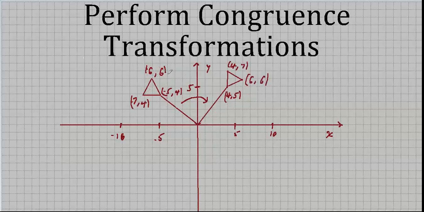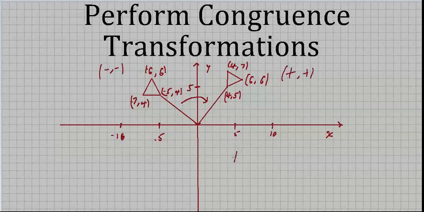Now the cool thing about these 90-degree rotations is that it's pretty easy to figure out where a point ends up, because you just switch things around. For instance, all we've done is change quadrants. In this quadrant, X and Y are both negative. In this quadrant, they're both positive.